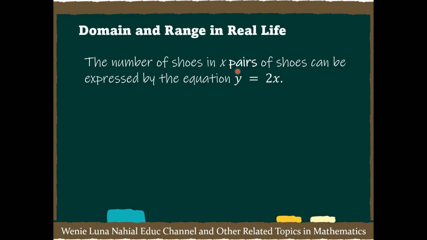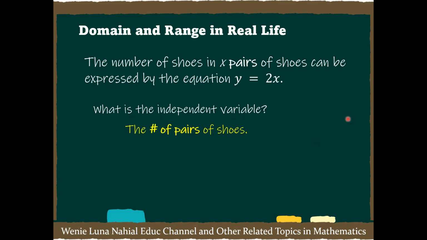So it is the first choice which represents a function. Then, the number of shoes in x pairs of shoes can be expressed by the equation y = 2x. So what is the dependent variable?